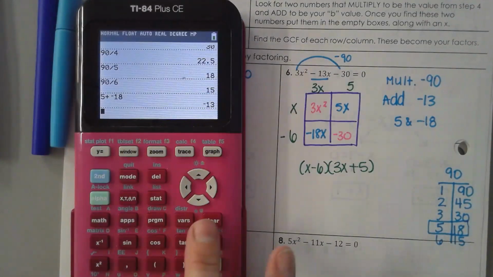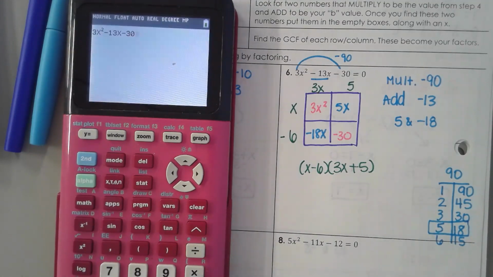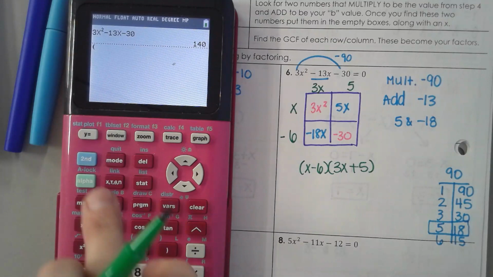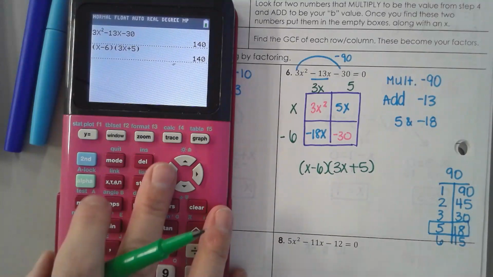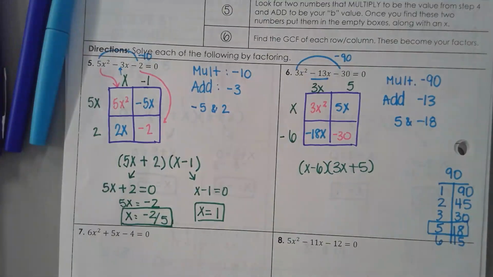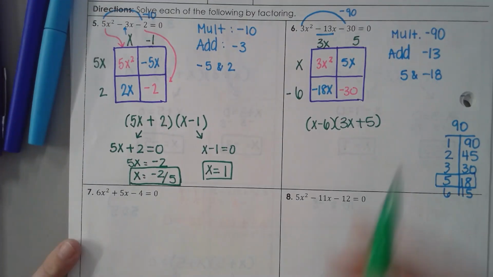I'm going to check that. See if I get matching numbers. Yep, they match. And then you set each factor equal to 0, and those are your x-intercepts.